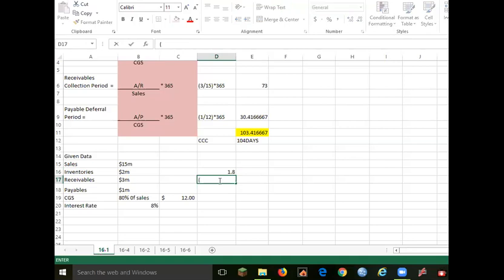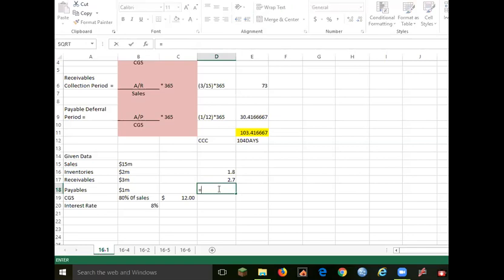Similarly, receivables: 3 million minus 10% of 3 million, so 2.7 million receivables. And the payables are increased by 10%.